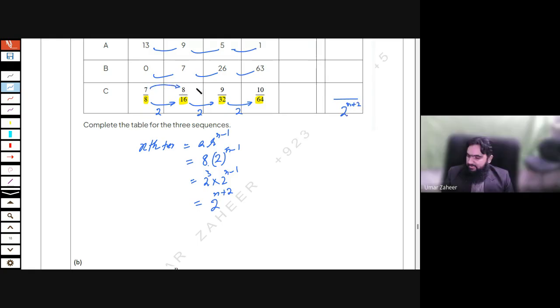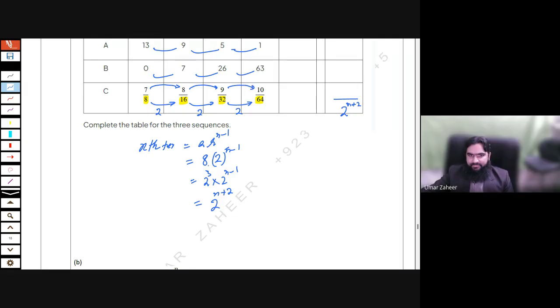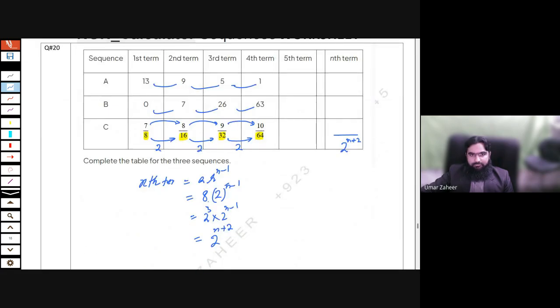And the numerator is simply an arithmetic sequence. I think it is n plus 6. Because for 1, it will be 7, for 2, it will be 8, and so on.